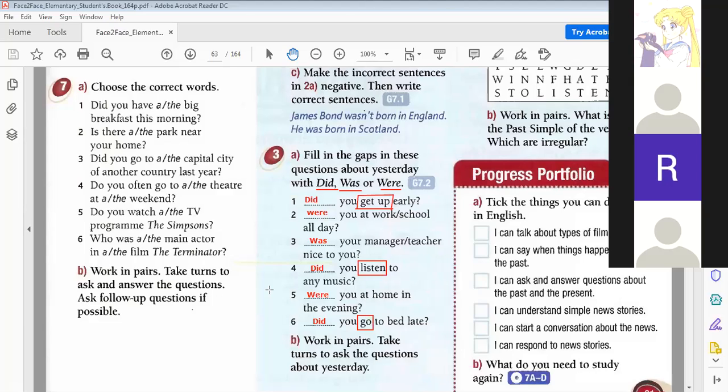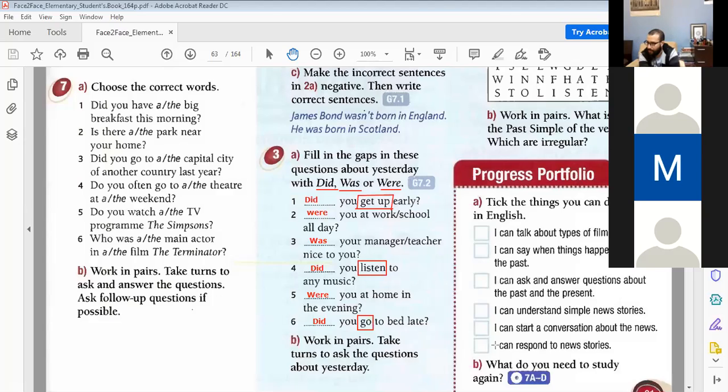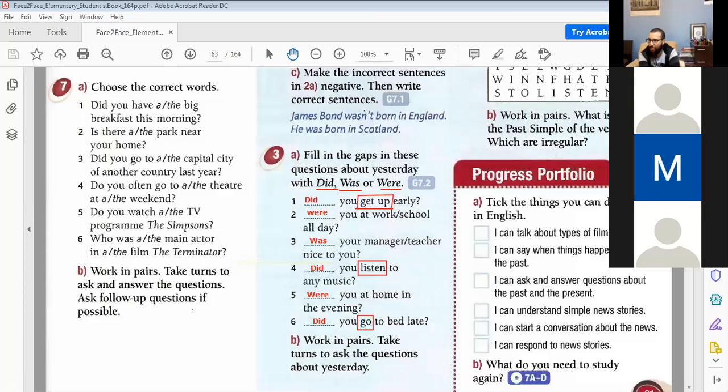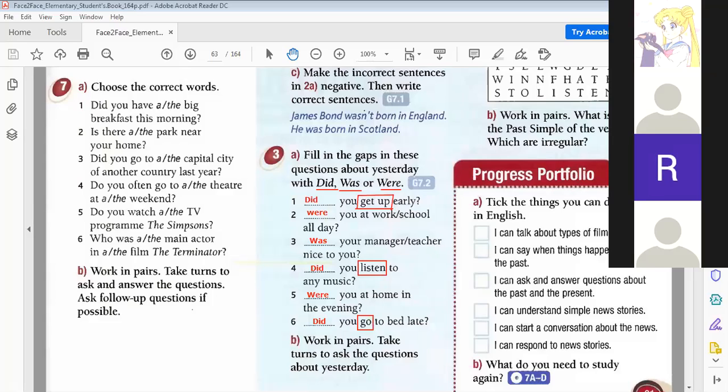So all of this is yesterday. Okay, she's not there, Ranim. Let's see who's here. Okay, so you can ask Media. You can ask her if she got up early or not yesterday. Okay, Media, did you get up early yesterday? Yes, I did.